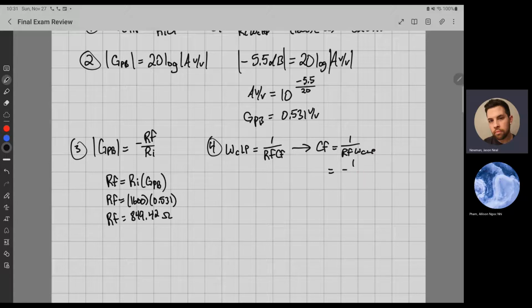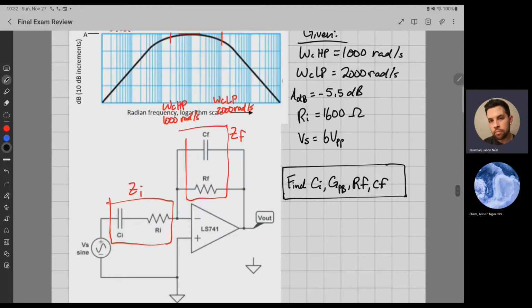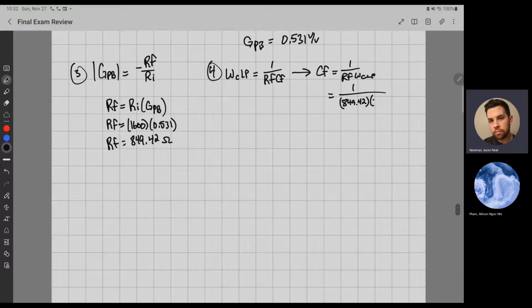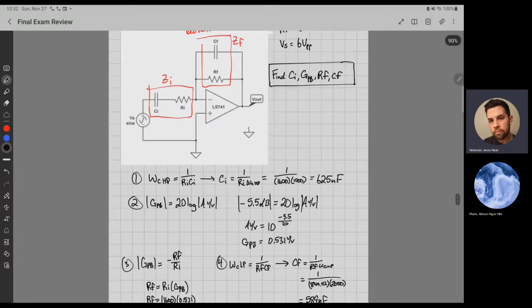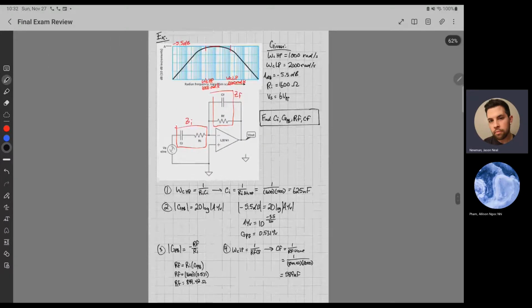For us, that's 1 over the value we just found, 849.42, times omega C LP, 2000 from the problem. And the answer is 589 nanofarads. That's all 4, just a quick little problem there.